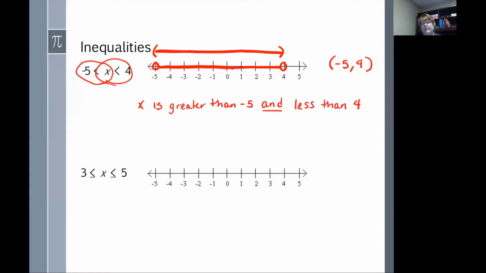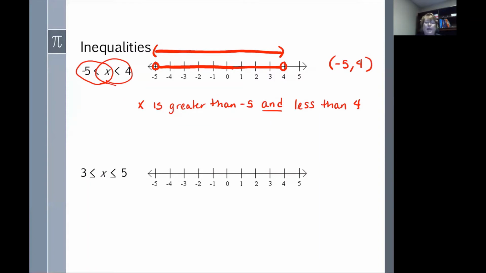So in the context of ordered pairs, that's a point in the second quadrant on the coordinate plane. But that's not what we're talking about. We're talking about inequalities. So in the context of inequalities, that is the interval that starts at negative 5, not including negative 5, and ends at 4, not including 4.